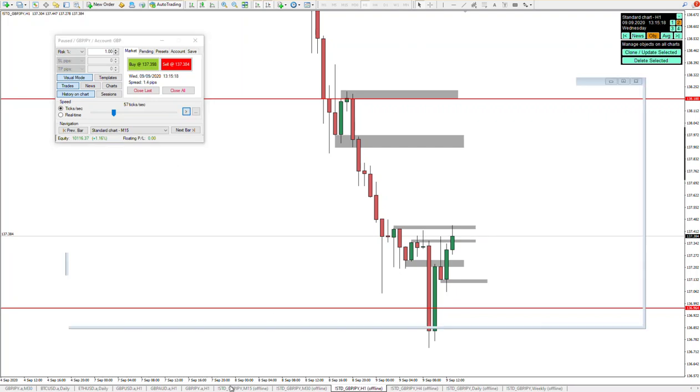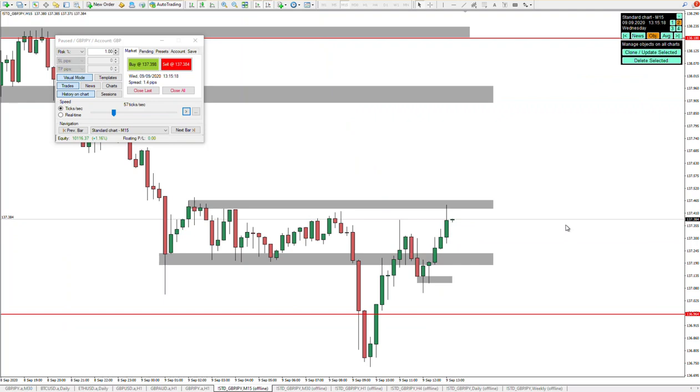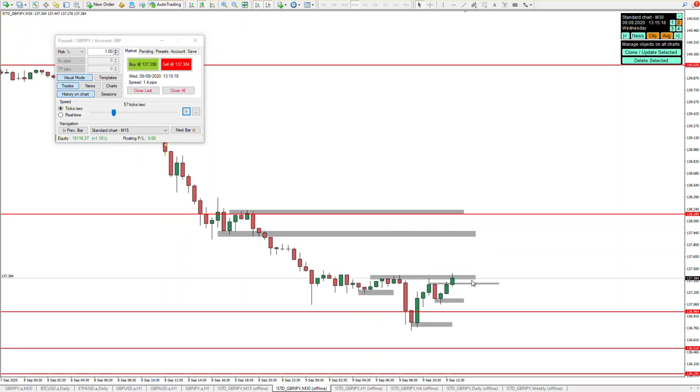First 15 minutes of the hourly. It's bullish. Rejected this area, close below this resistance. Let's go on. Let's see how the next 15 minutes develop.